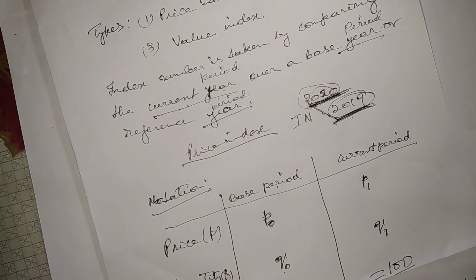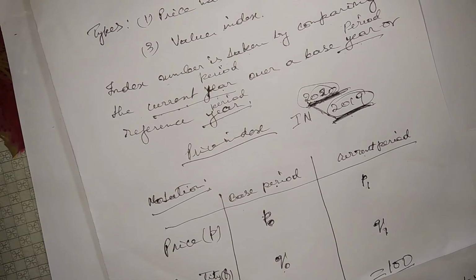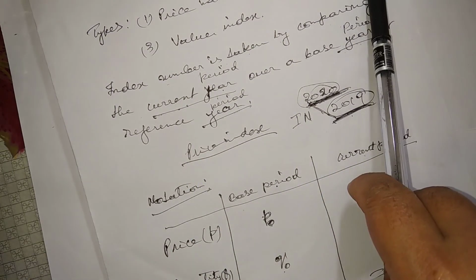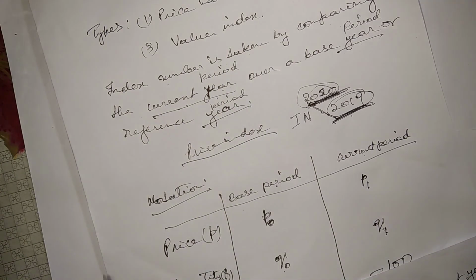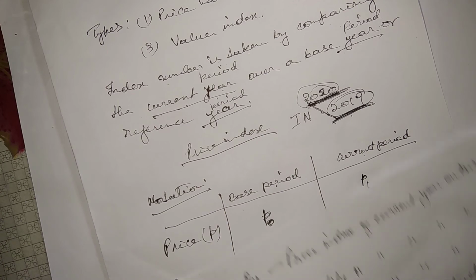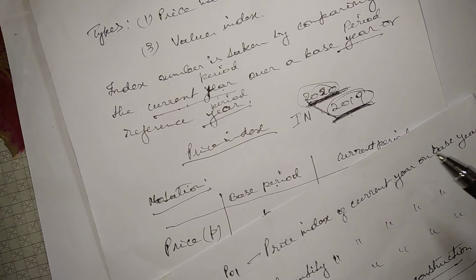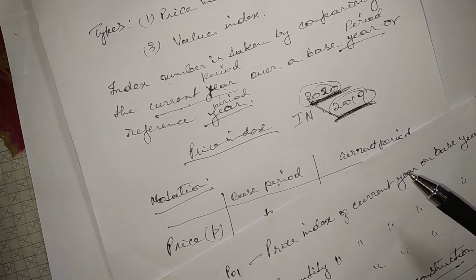So here we can understand that the index number is a device with which we can measure the changes in the economy. We have three types of index number which we are going to deal with: the price index, quantity index, and the value index. When we say index number, we are comparing the changes between the current year and the base year.